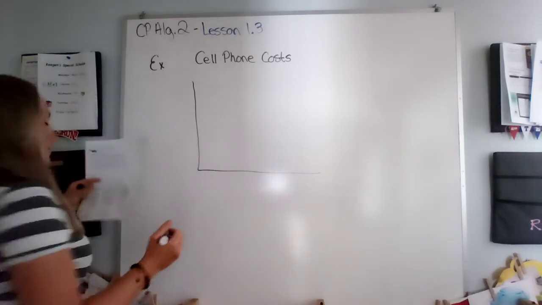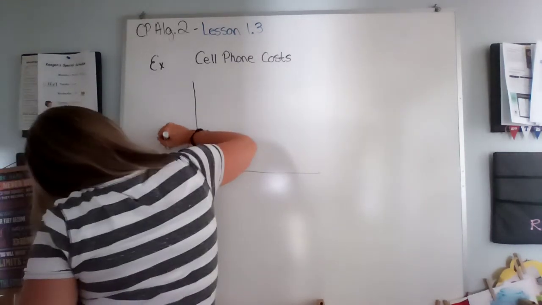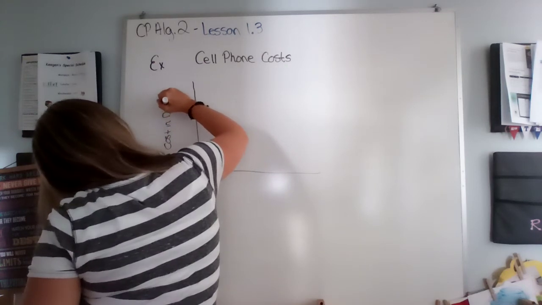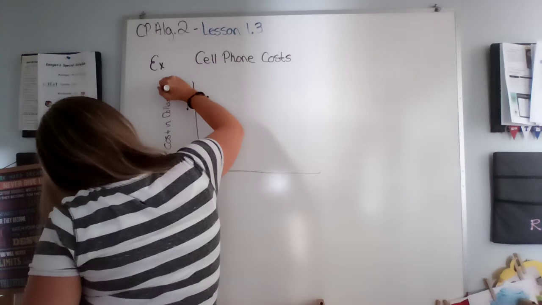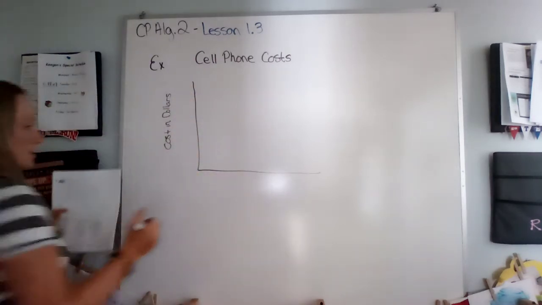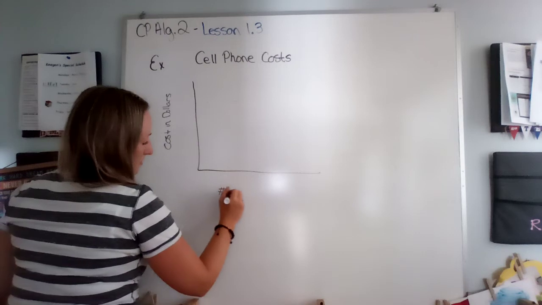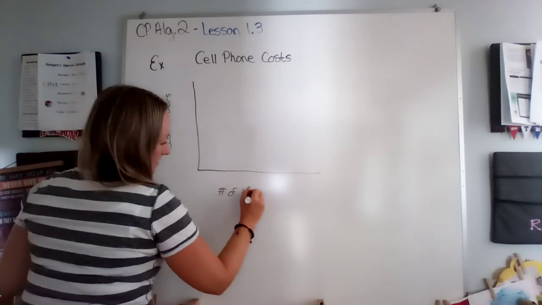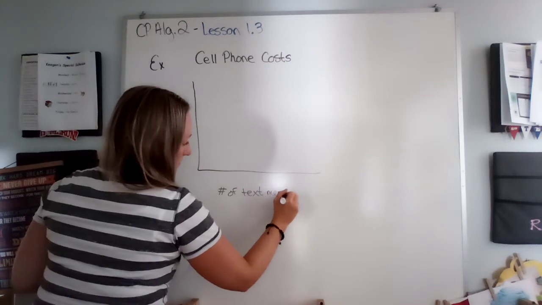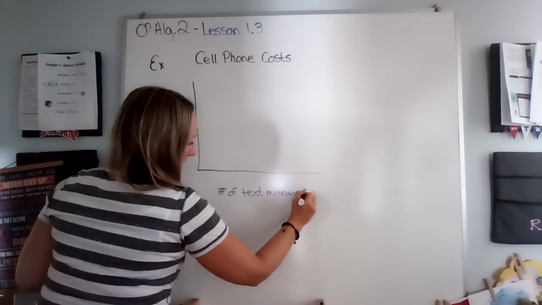Your y-axis is cost in dollars. And your x-axis is number of text messages sent.